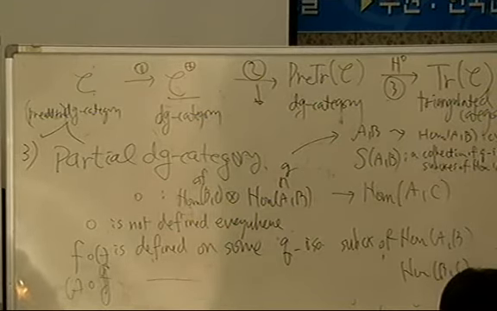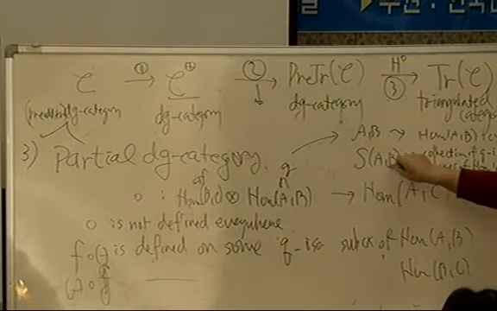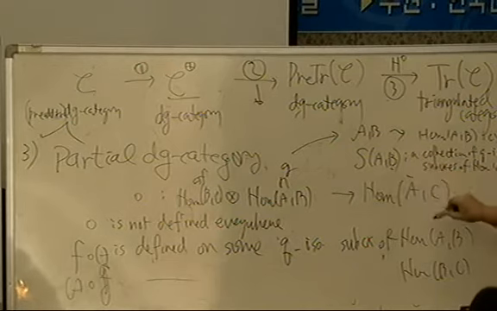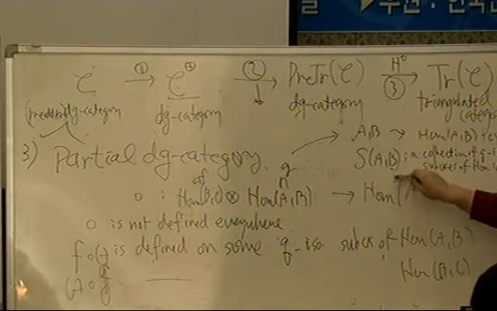And that satisfies a cofinality condition in that if I have one quasi-isomorphic subcomplex and another quasi-isomorphic subcomplex, there will be actually a smaller quasi-isomorphic subcomplex which is contained in both of them.